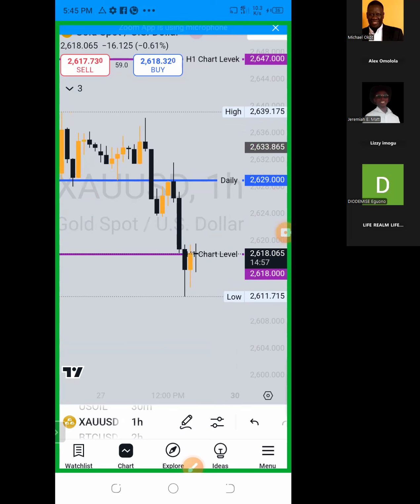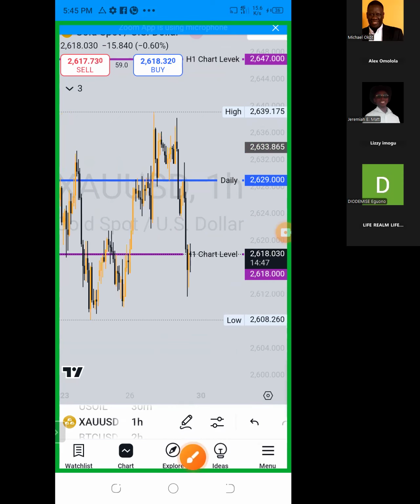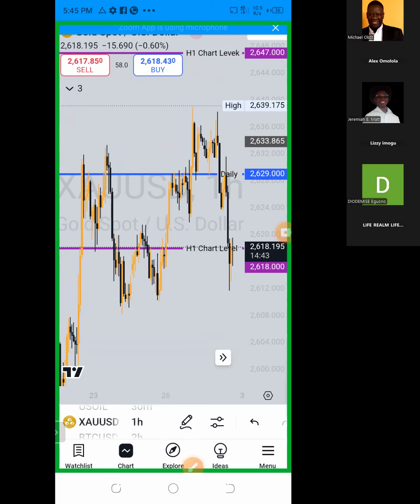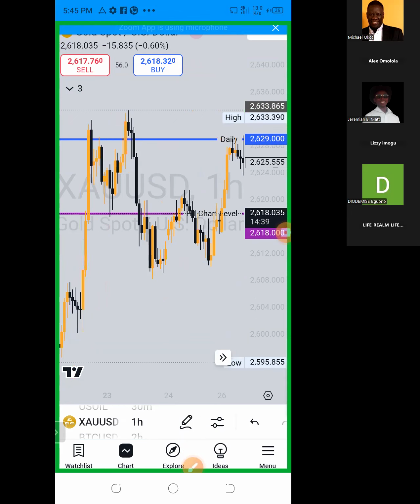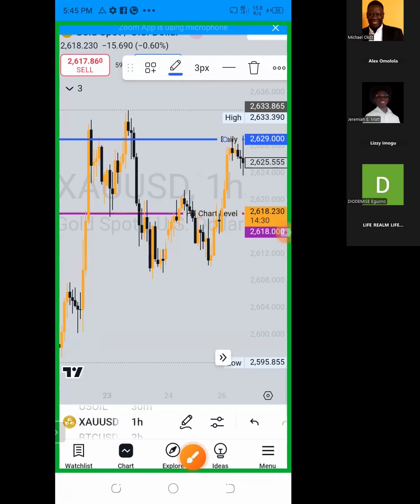On this 1 hour, you can see this market. It was going up from, let's see, at the left-hand side, you see the historical price action. At this level, you see what is happening here?